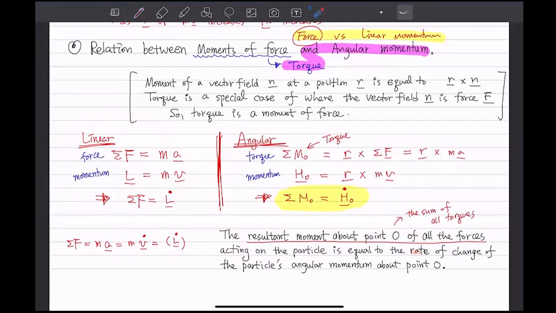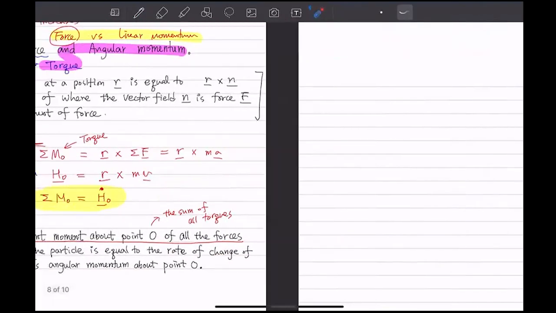It is equal to the rate of change of the particle's angular momentum about O. That's just this thing we wrote down in English. It's the same as the summation of all forces being the change of your linear momentum. Okay, so any question you have?